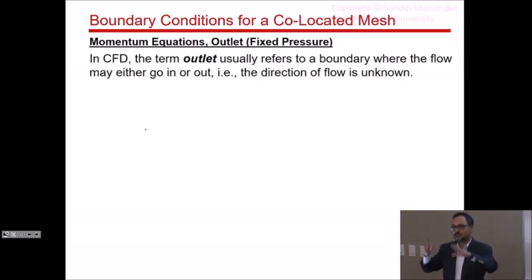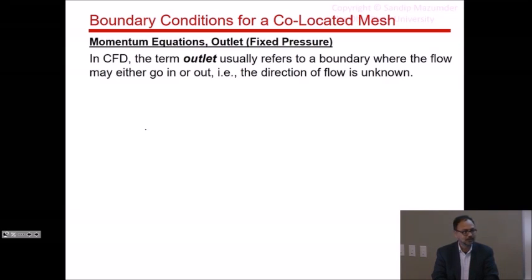I'm not saying that mass has to go out through those boundaries. There may be entrainment of air through those outlets. So that's the idea, that it's a completely free boundary condition in a sense. Now, we do certain things, as you will see, where we kind of have it in our head that most likely the flow will be out.